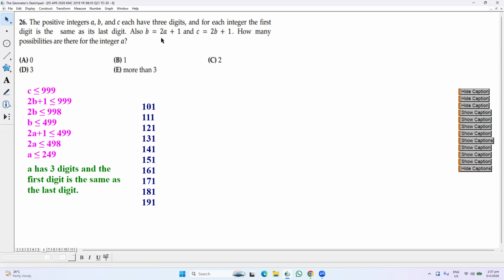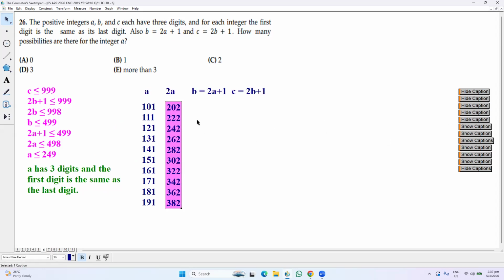Then we can look at B. If we know A, we can find B. If we tabulate, first we times 2. Then we have some where the first digit and last digit are not the same. Those that have no carry forward, when times 2, don't carry forward. 141 times 2, no carry forward.